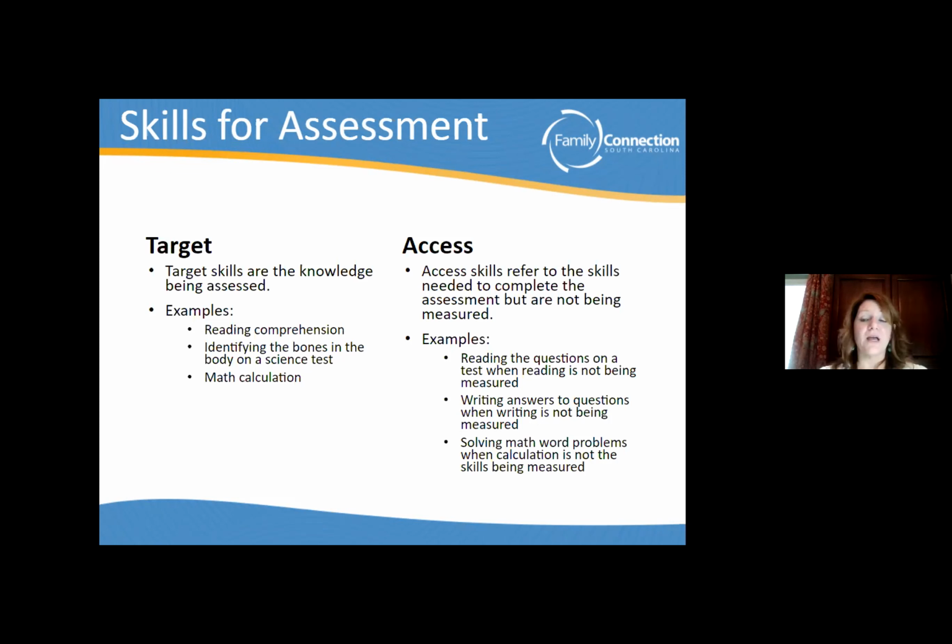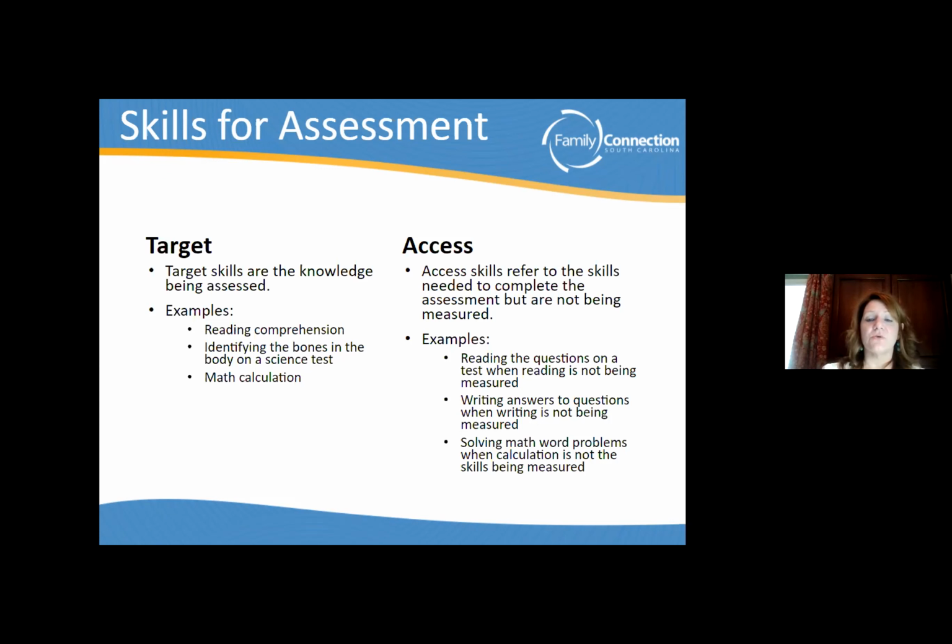If reading comprehension is being measured, we have to ask ourselves, would we read the test to the student? No. We would want to test actual comprehension of reading in that case. That's why it specifies here, reading the questions on a test when reading is not being measured.